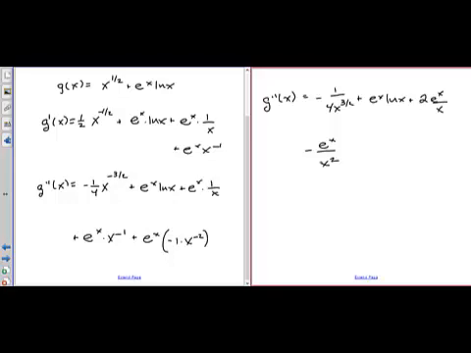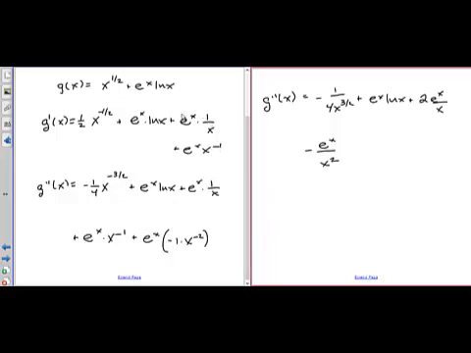I'm just going to check to make sure I did it right. I haven't done this one before. I don't remember doing it. I'm going to pause it for just a second. Yeah, they did it slightly differently.